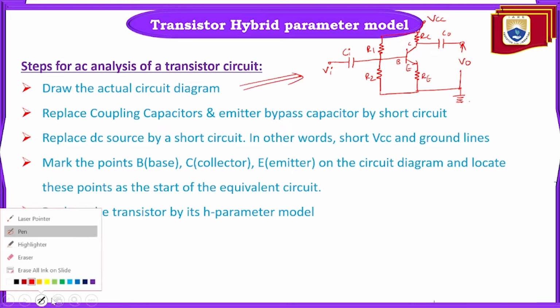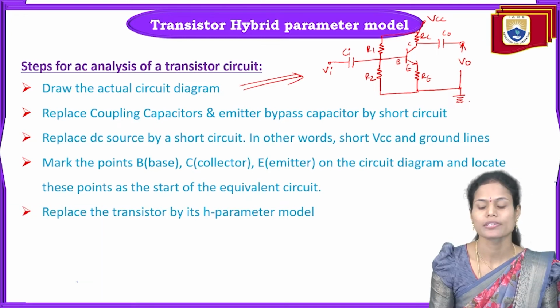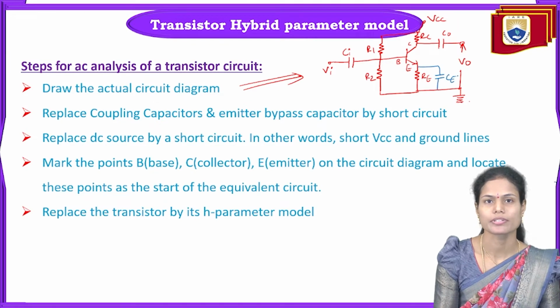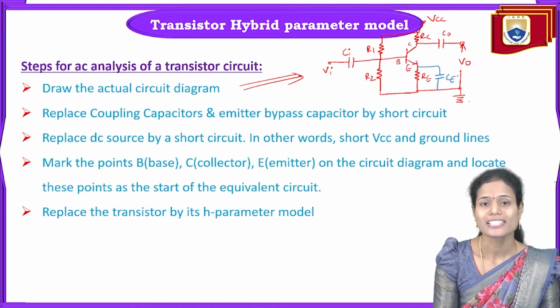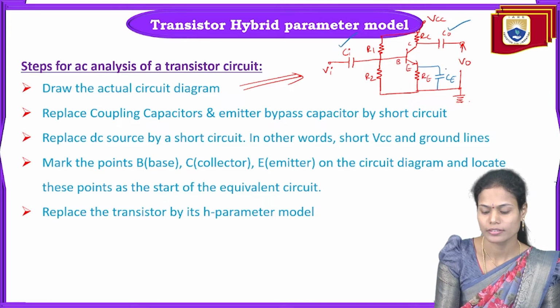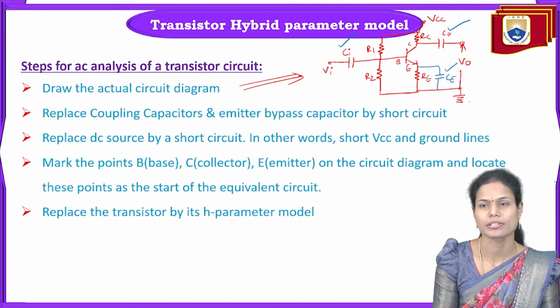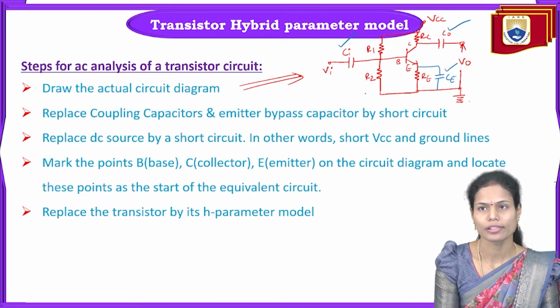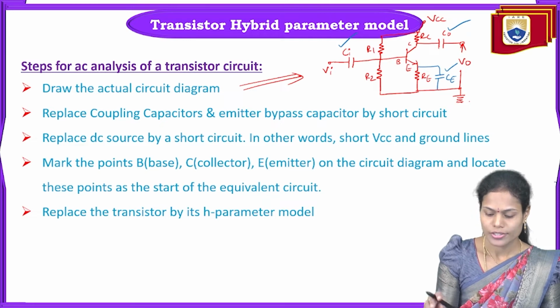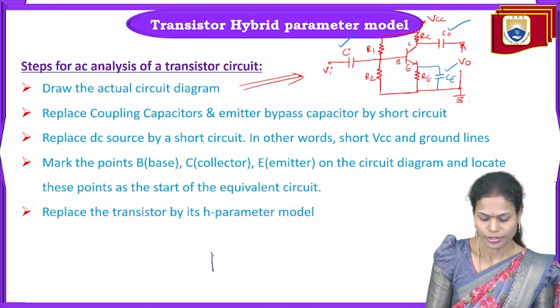In this particular circuit, along with this, we also have the bypass capacitor Ce here. So a total of 3 capacitors are present. In order to draw the AC equivalent circuit, we have to replace all the coupling capacitors and the emitter bypass capacitor by a short circuit. If we short all these capacitances, we will get the circuit I'm drawing here.